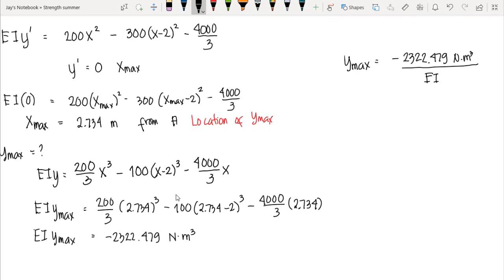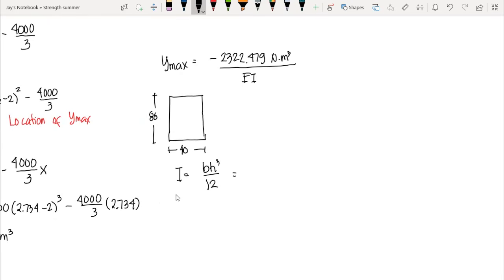Since our beam section was given, we have our beam which is 80 by 40 millimeter. So we have 80 height and 40 millimeter width. We can compute for our I, which is the moment of inertia of a rectangle, which is BH cube over 12. This gives us B is 40, height is 80 cube over 12.